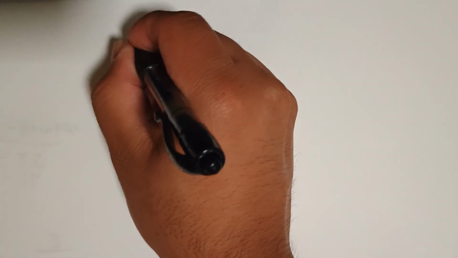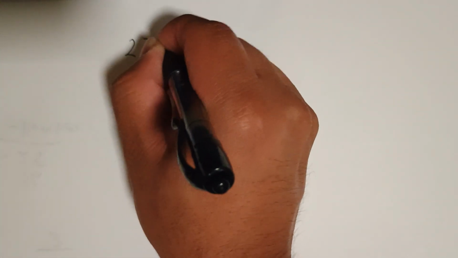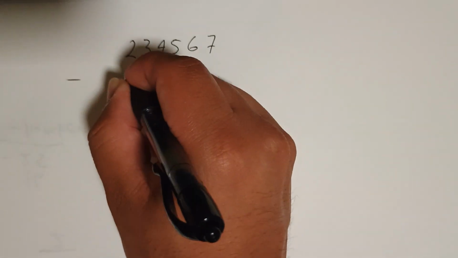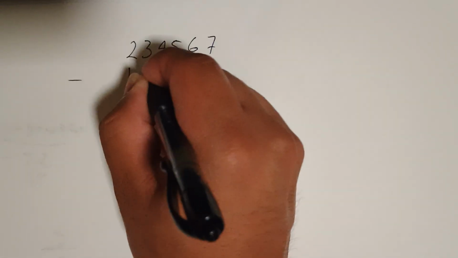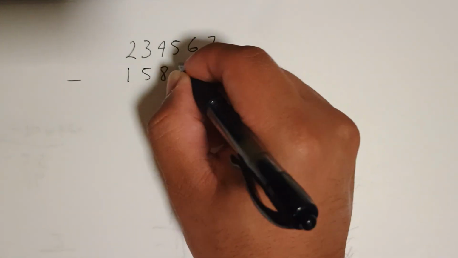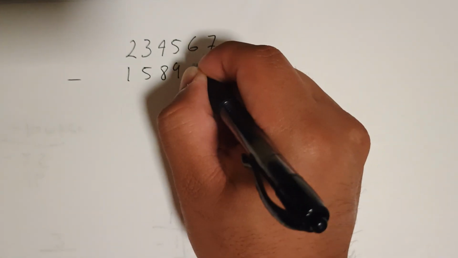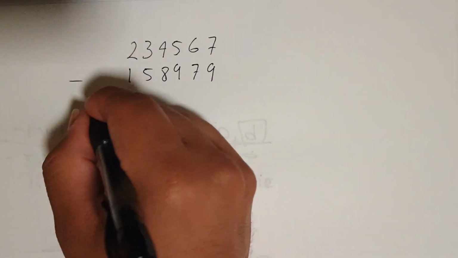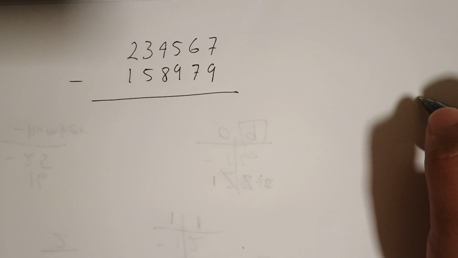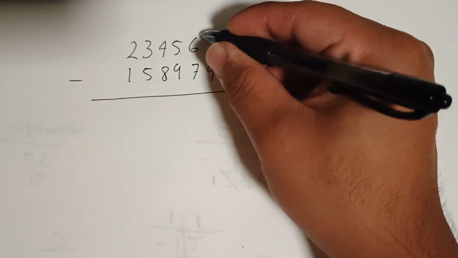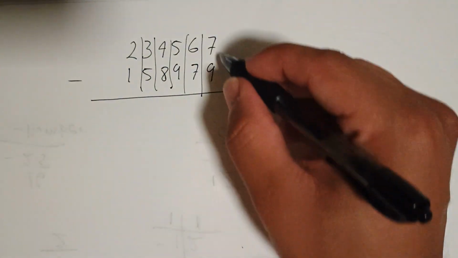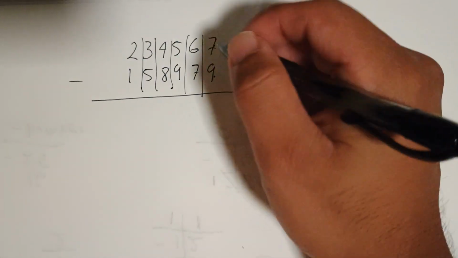So if we had something like 234,567 minus 58,979, something like this, we would look at everything individually. 7 minus 9, we can't do that.